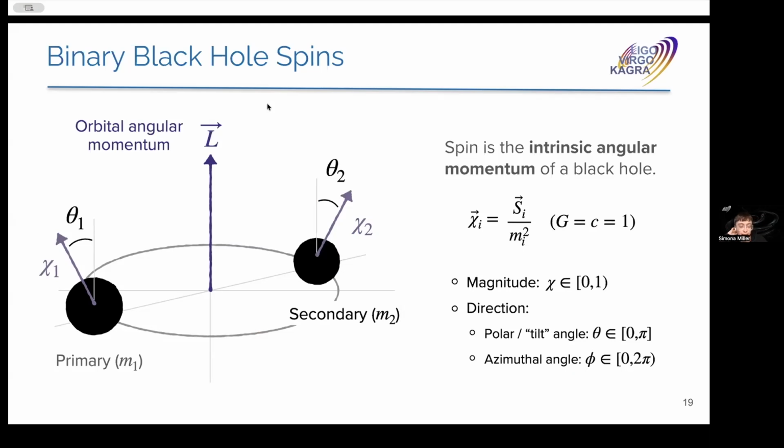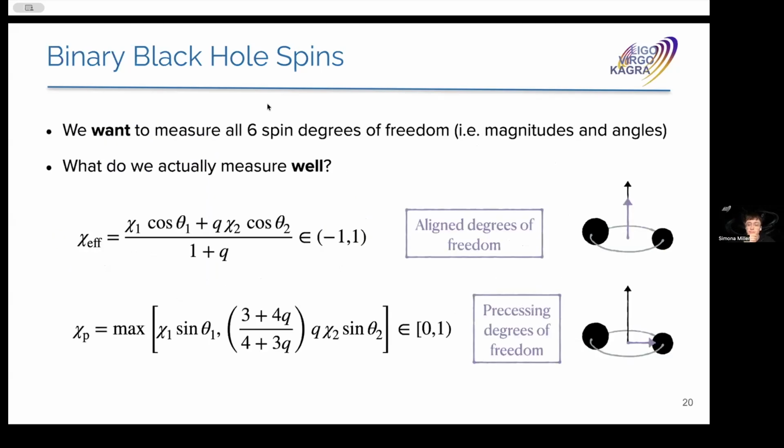And we look at some angles, specifically the one that we care about for the population is this polar or tilt angle theta, defined between 0 and pi. This is the angle between each of those spin vectors and the orbital angular momentum of the binary. For truly understanding the underlying astrophysics of these systems, we do want to measure all 6 spin degrees of freedom, so the magnitudes and the various angles for these vectors.